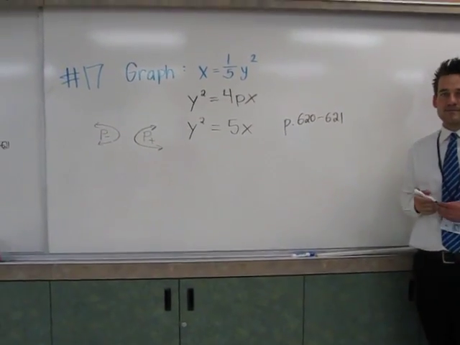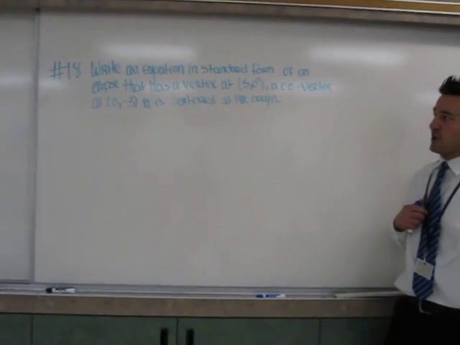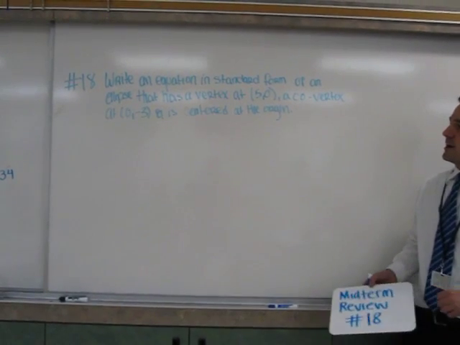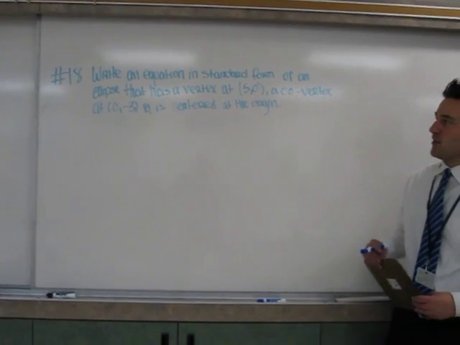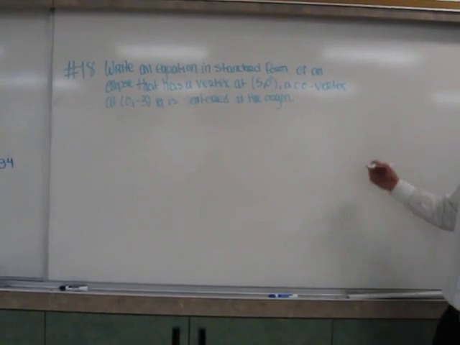Good luck. Number 18 asks us to write an equation in standard form of an ellipse that has a vertex at 5, 0, a co-vertex at 0, -3, and it's centered at the origin. I think I would start this problem by graphing it.